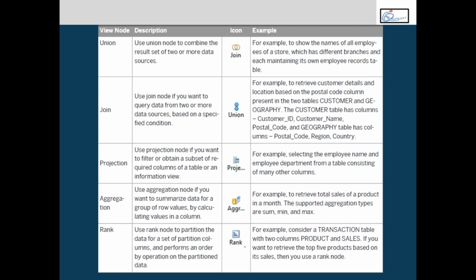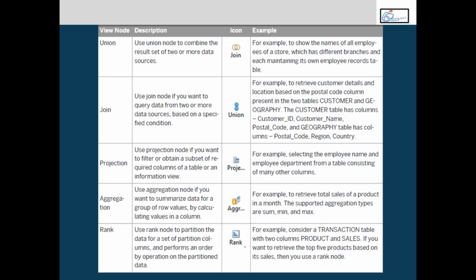For example, I have a table which is giving me data for multiple regions, and I just want to refer only to the EMEA region. What I'll do is connect this table to the projection. Then within the projection operation, I'll apply a filter on the region for EMEA, and the output of this projection will only give you data for EMEA. So that is one purpose of this projection.